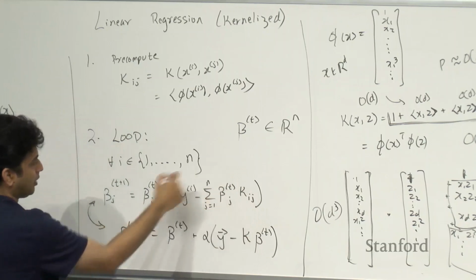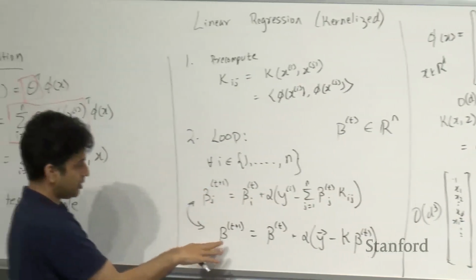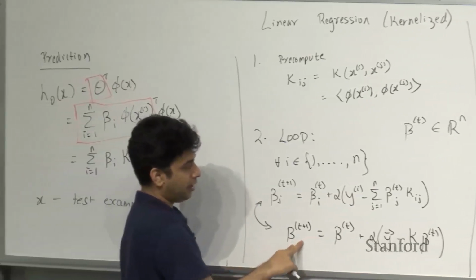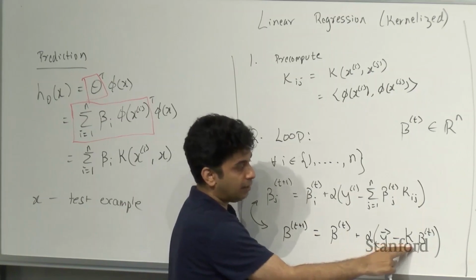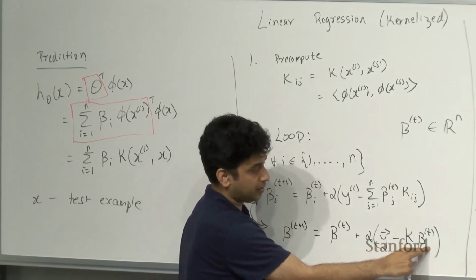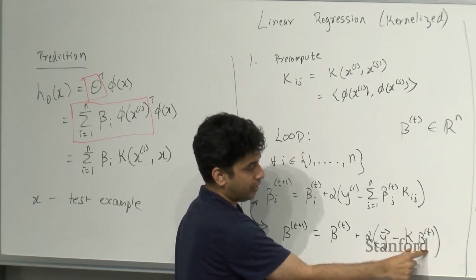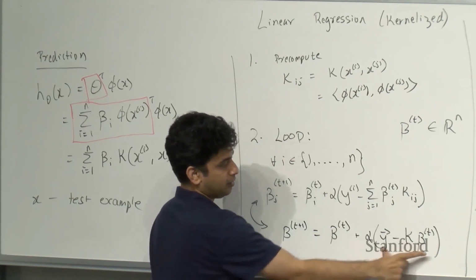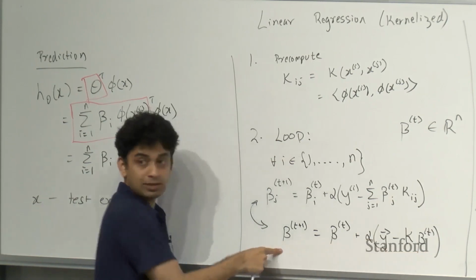Scalar minus scalar times a scalar plus a scalar equals a scalar. Right? And similarly over here, this is a vector in Rn. Y is in Rn. K is n by n. Beta t is in Rn. So n by n times Rn will give you n. So there's an n vector, the difference is an n vector, times a scalar is an n vector, plus an n vector equals an n vector.